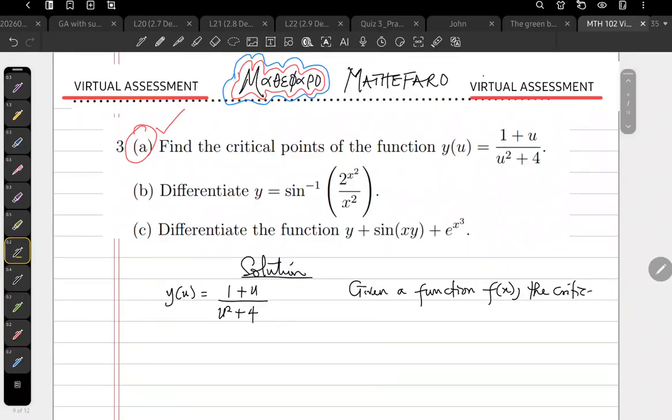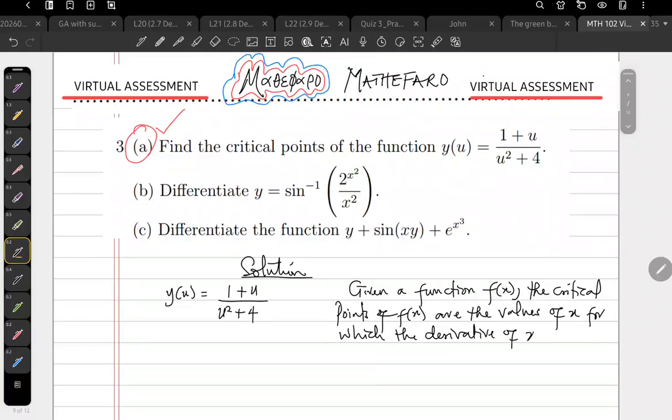Given a function, generally let's say a function f of x, the critical points of f of x are the values of x for which the derivative of f of x, that is f prime of x, is either 0 or undefined. So that is the definition of critical points.